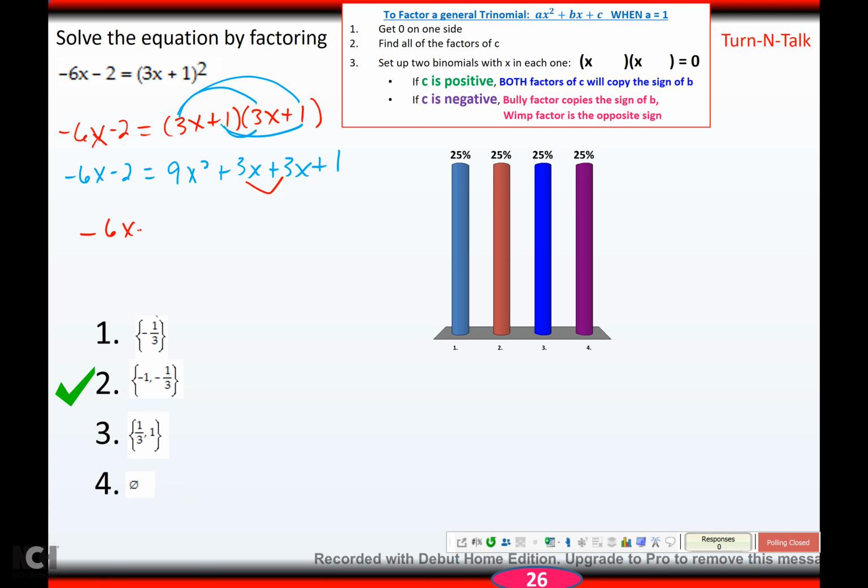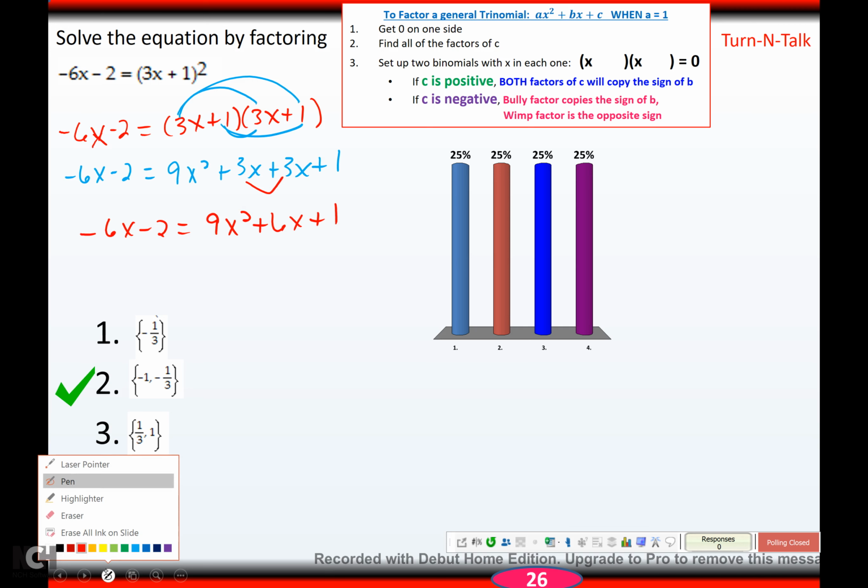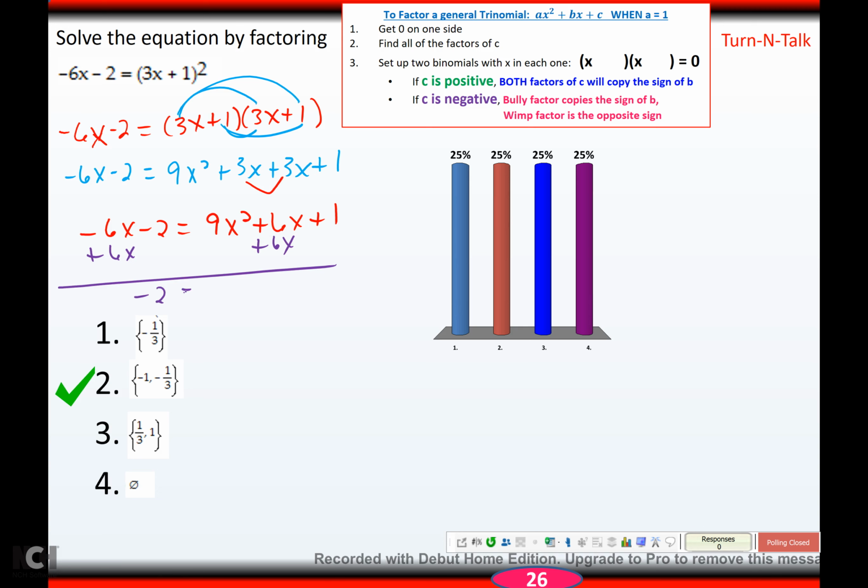I have negative 6x minus 2 equals 9x squared plus 6x plus 1. Okay, I got to get 0 on one side, so I'm going to add 6x. That gives me negative 2 equals 9x squared plus 12x plus 1. Add 2. And I finally have 0 on one side, which equals 9x squared plus 12x plus 3.